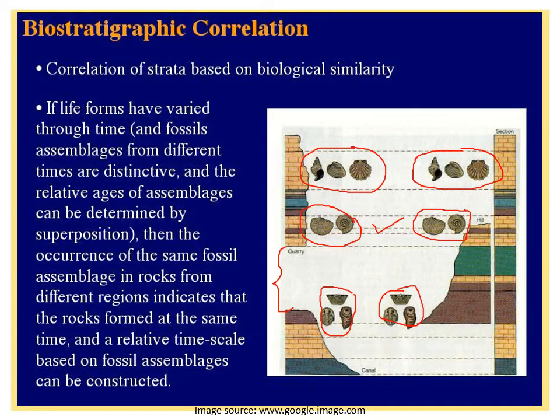But depending on this biostratigraphic correlation, we can simply construct a composite section by gathering data from both the rock columns.